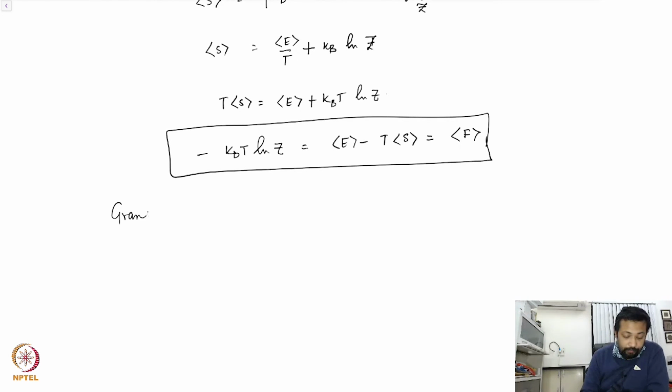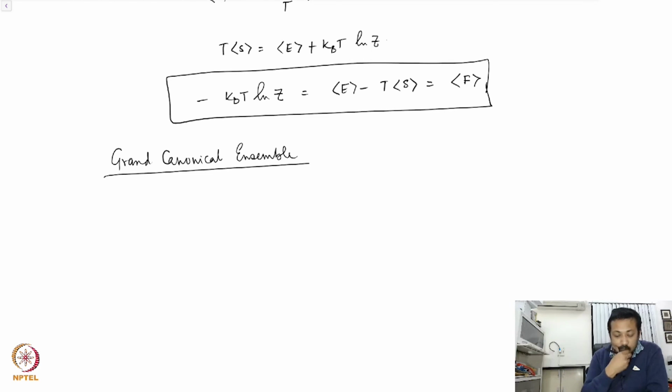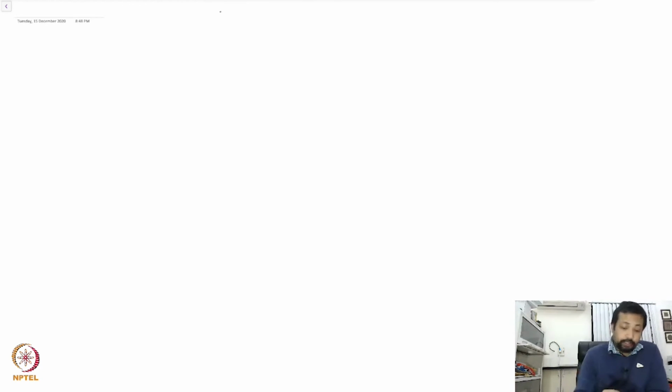So then we look at the grand canonical ensemble, and here the number of particles is not fixed, so we replace n by the operator n hat. Now that we have looked at the canonical ensemble, we look at the grand canonical ensemble.